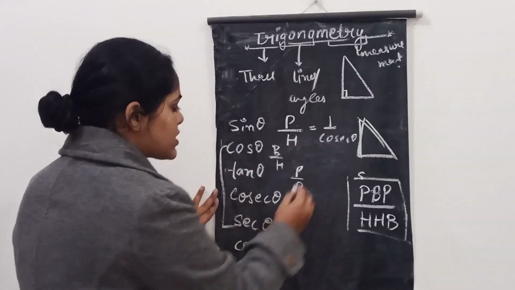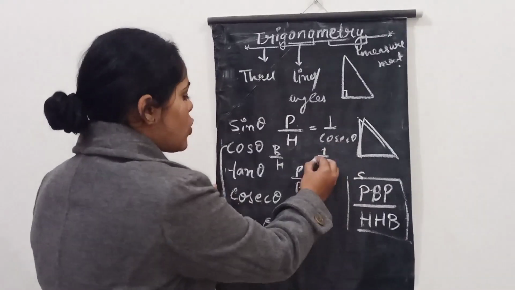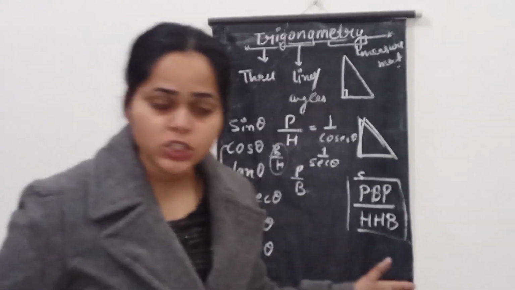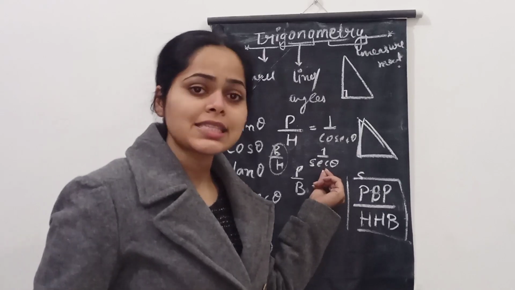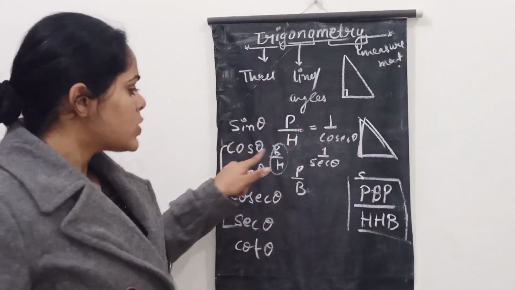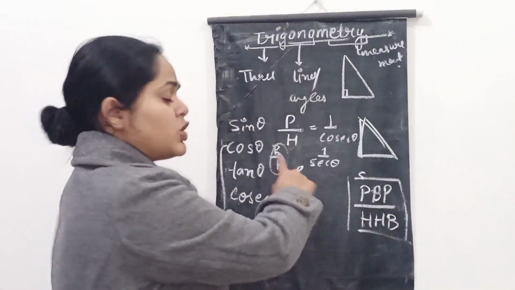If cos is B upon H, then automatically sec will become H upon B.